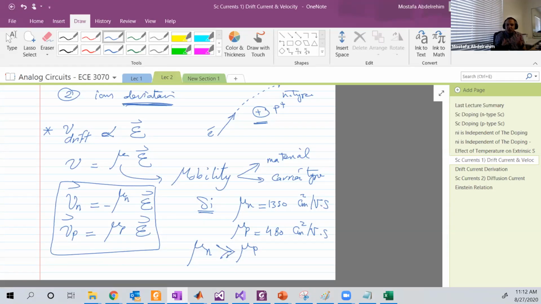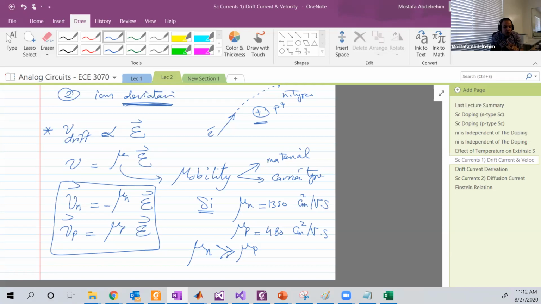Hole movement needs an electron to move from one bond to another bond. So it needs some energy to leave this bond, then go to another bond and fill it. It's more complicated than the movement of an electron in the conduction band. That's why the mobility, or the velocity, of electrons is larger than that of the holes.